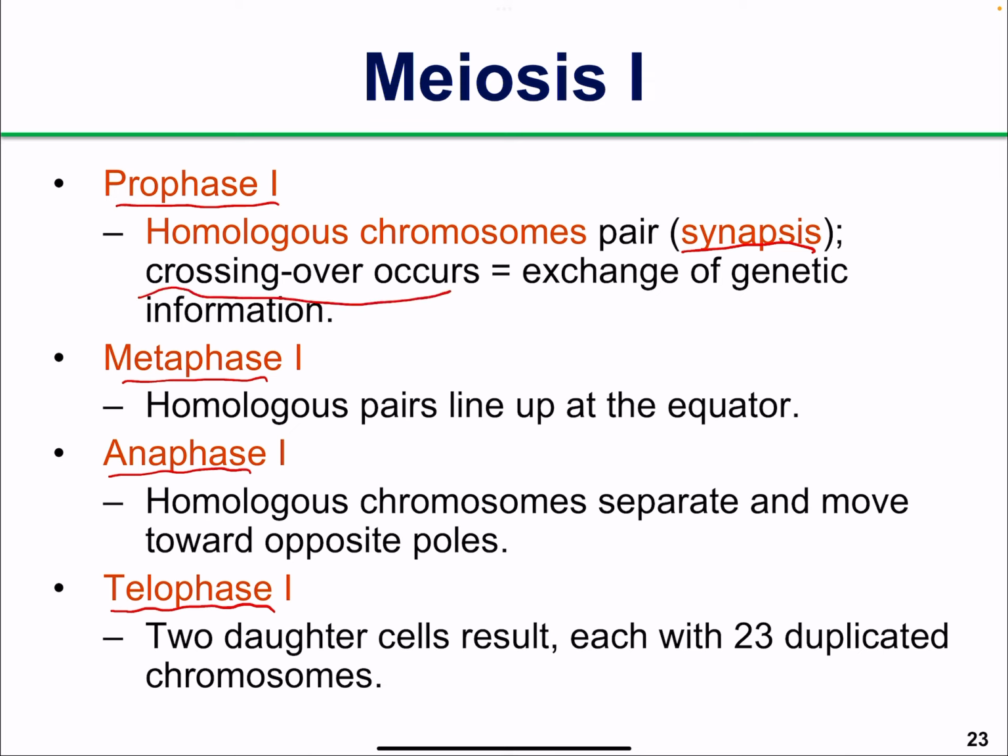That crossing over is going to ultimately lead to exchange of the genetic information, which brings the possibility of genetic variation in the gametes. Then we move to metaphase 2.